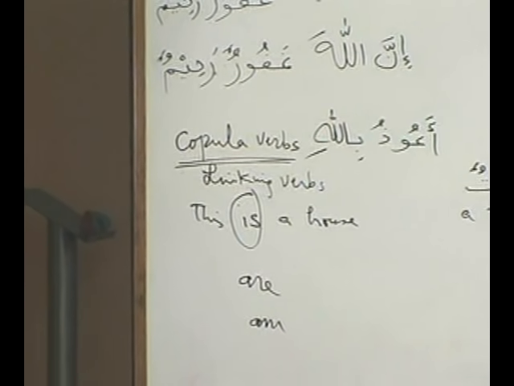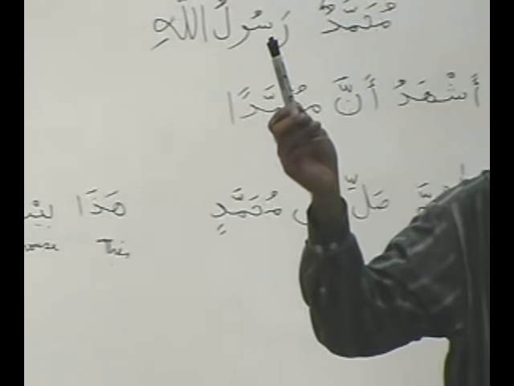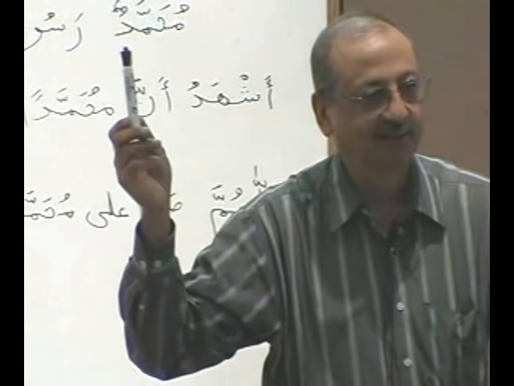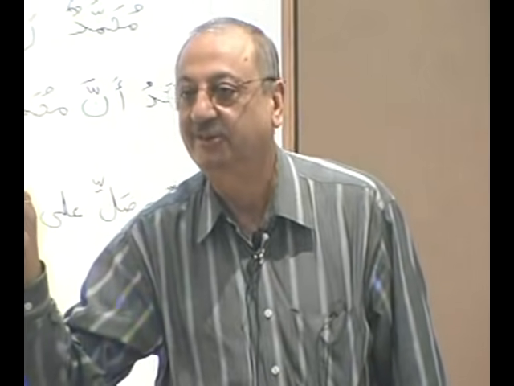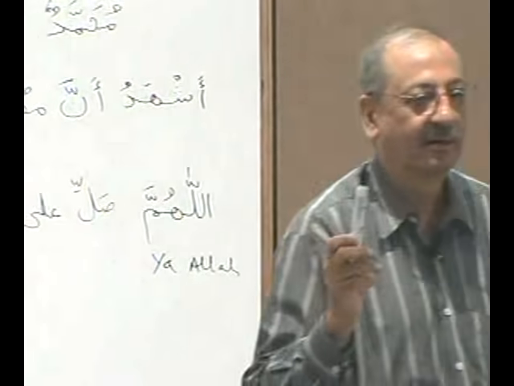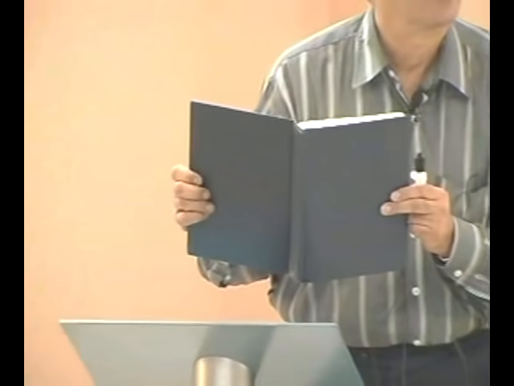When you say Hadha kalamun, we only said two words. This, a pen, but you will translate, this is a pen. But in Arabic, what will you say? Hadha kalamun. You will say Hadha kitabun.